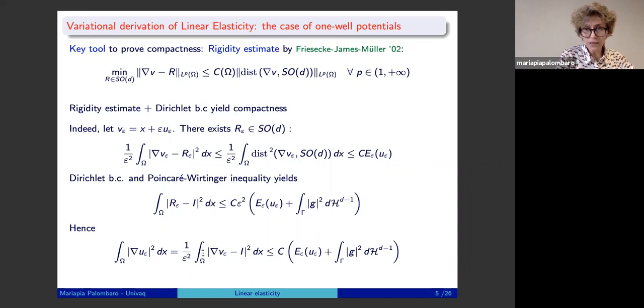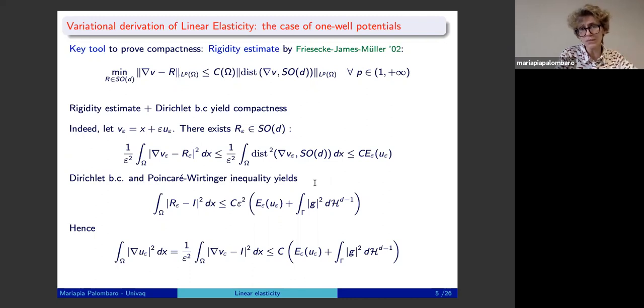Notice that here it's essential that the energy is bounded from below by the distance from the set of rotations. In the case when the energy is minimized on more than one well, so on the union of several wells, here we will have the union of these wells, and this rigidity does not apply.